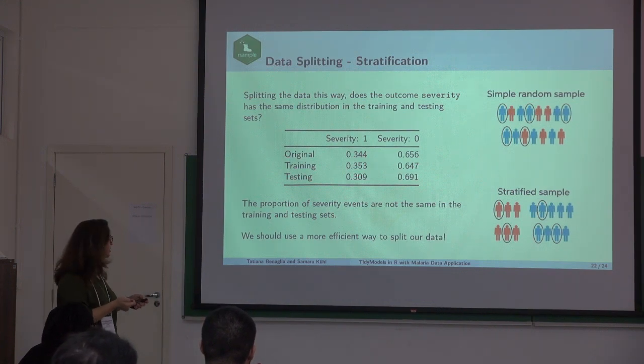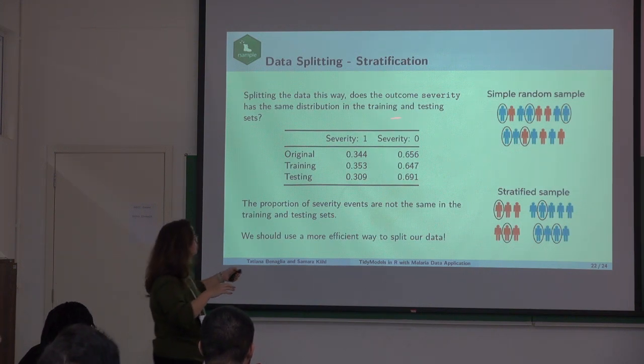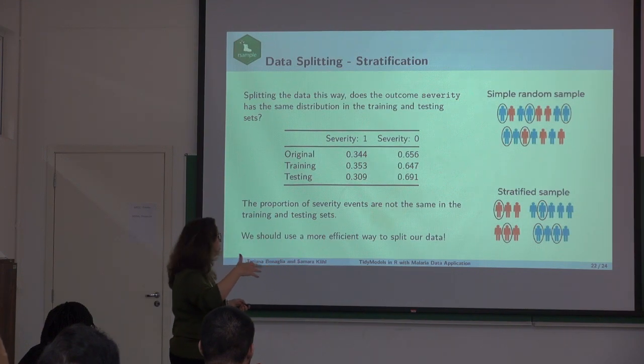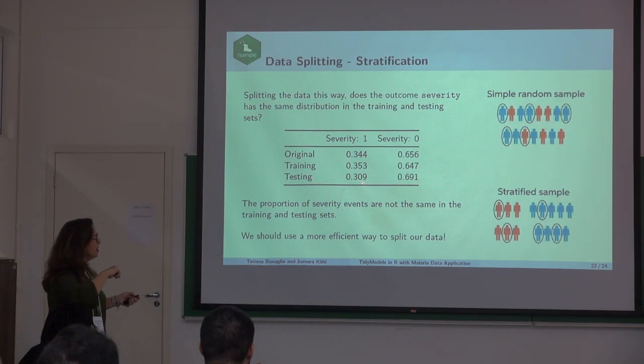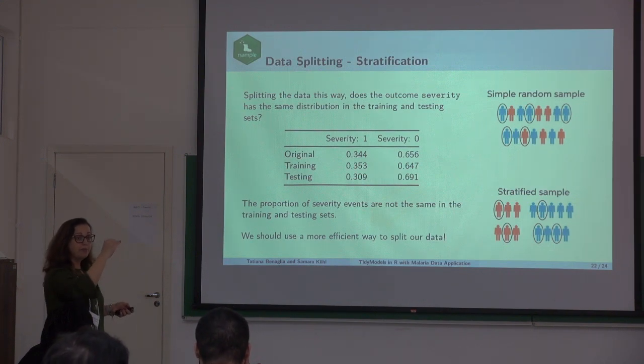To make sure, we are going to do a stratified sample. We divide into the categories that we have in our response variable, and then we make sure we have samples from each one, keeping the same proportion in each set.